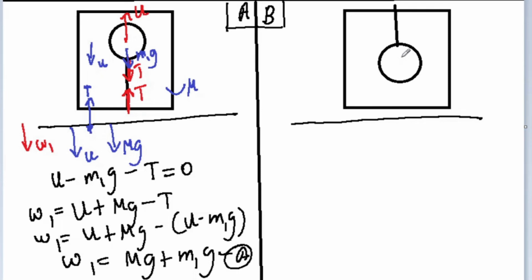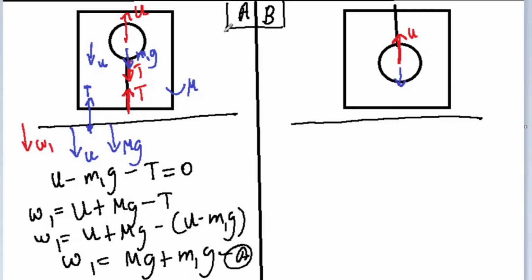And since this is immersed in the liquid, it will have an upthrust similar to the earlier system, and the upthrust will be the same since it's the same liquid with the same density and a ball with the same volume. And this will have weight, but these two have different densities.